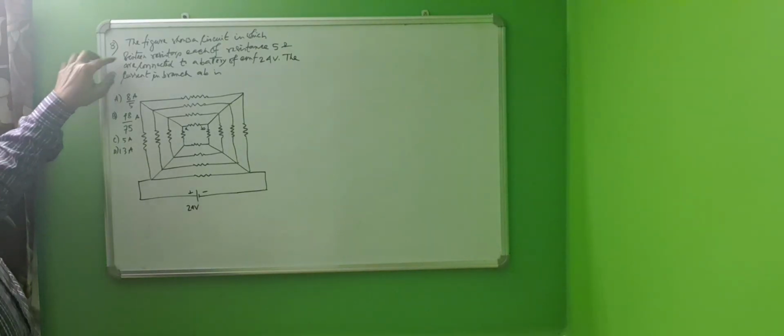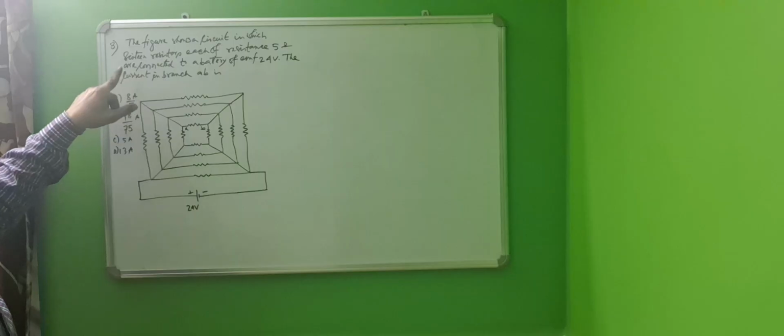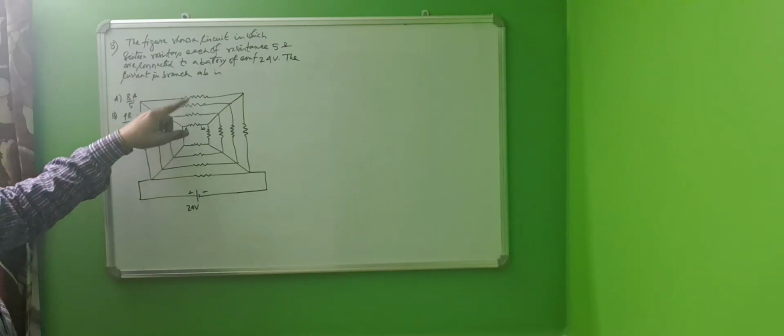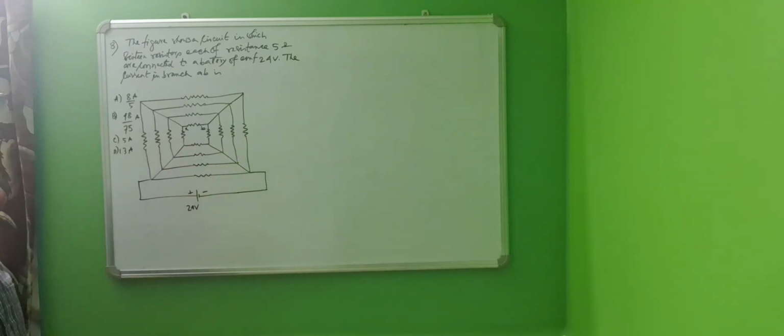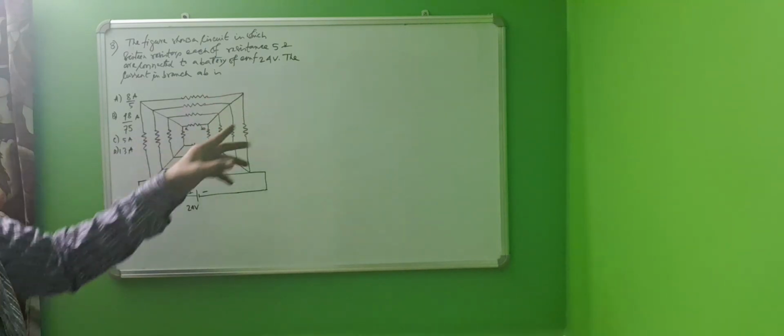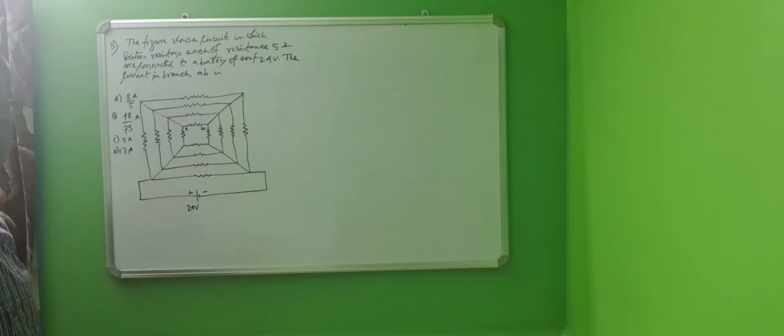The figure shows a circuit in which there are 16 resistors, each of resistance 5 ohm. Each and every resistor is of the same value, 5 ohm.